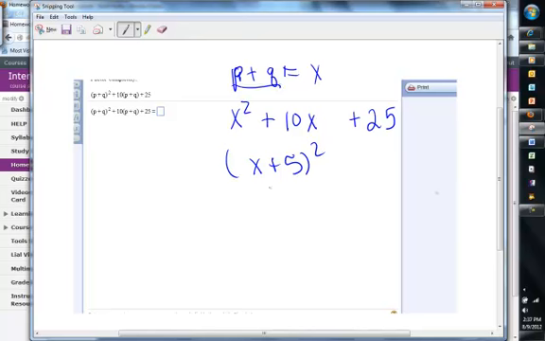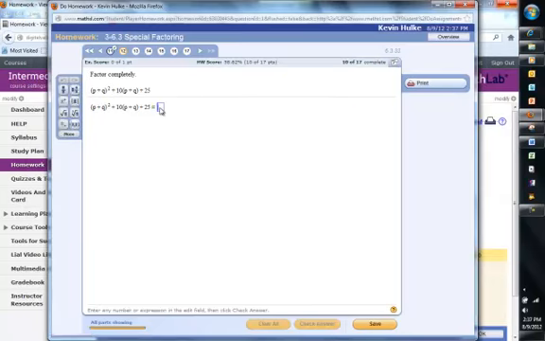Since X is P plus Q, this is P plus Q plus 5 squared. So when you see something squared, whatever that squared part is, you can make that a substitution. All right, so P plus Q plus 5 squared, parentheses, P plus Q plus 5, close parentheses, squared.